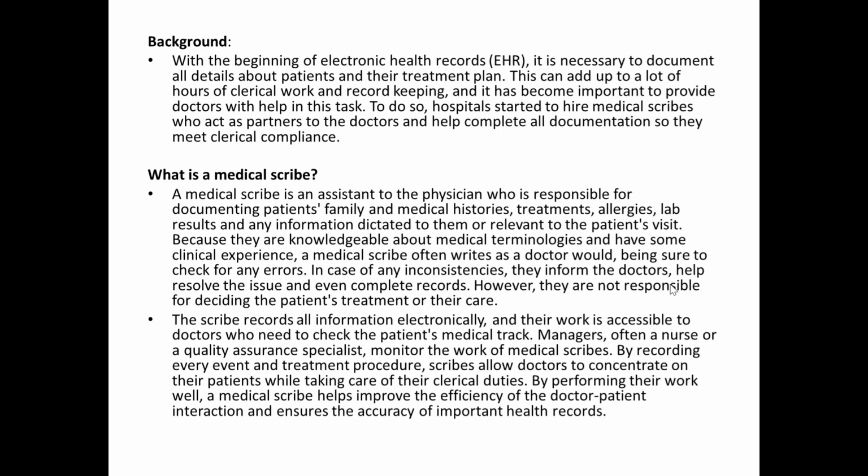That is taken care of by the medical scribe, so they can easily focus on the interaction and also ensure the accuracy of the important health records, and that this data is accessible to them so they can easily look into that data. So that's a very important and new emerging field.